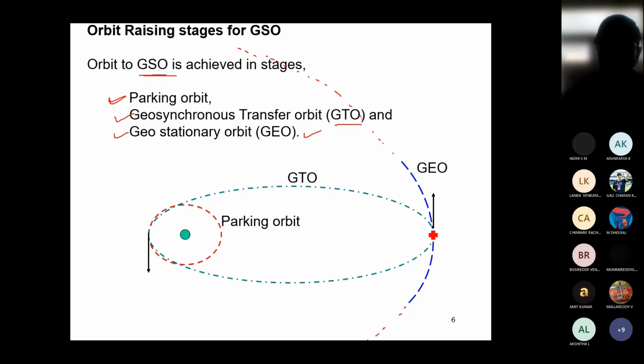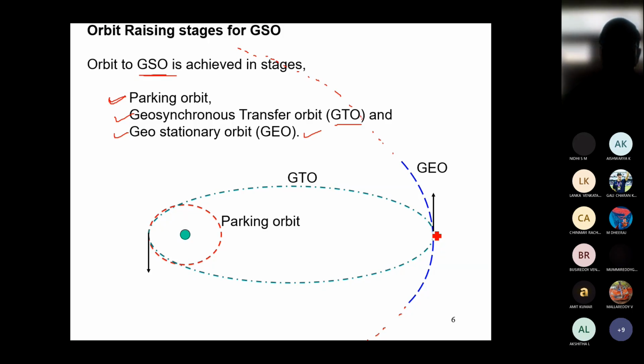So at this point of apogee, again the satellite will give another thrust, with so many fuels coming out of the satellite, and there will be a change of velocity. So due to the change of velocity, the satellite will switch its orbit from GTO to GEO.